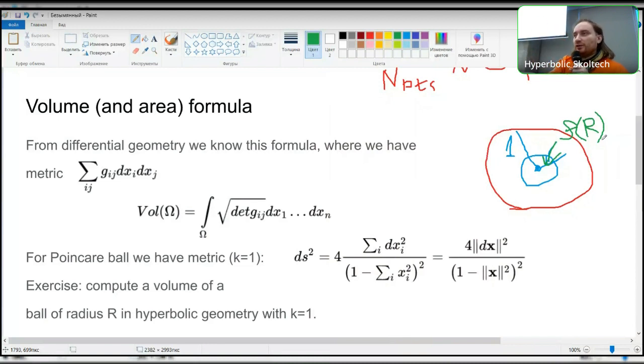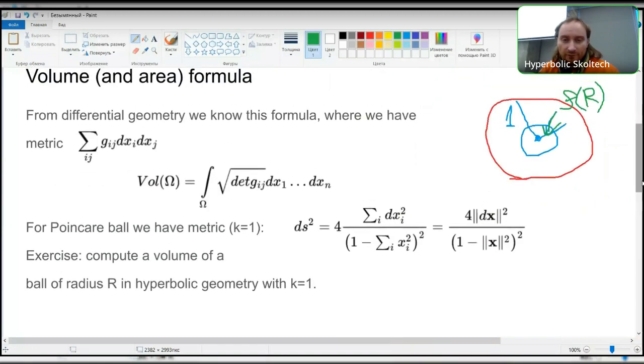For example, if you take r large enough, then it will exceed your space inside your Poincare ball. So this is some non-trivial function. How to compute it? Actually, the answer is almost written here. Let me show you.